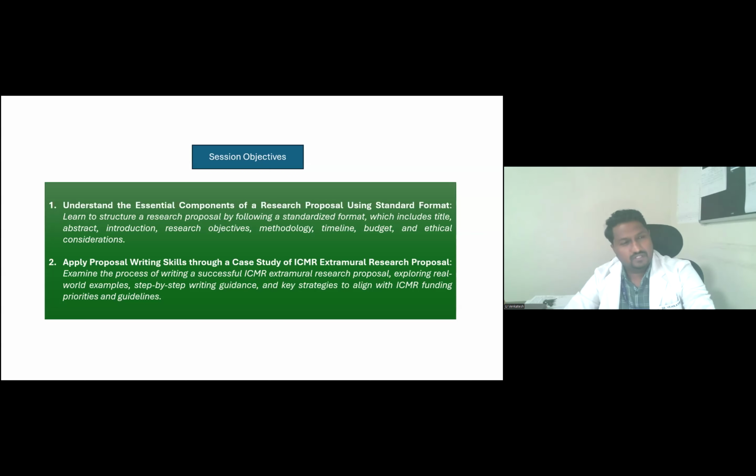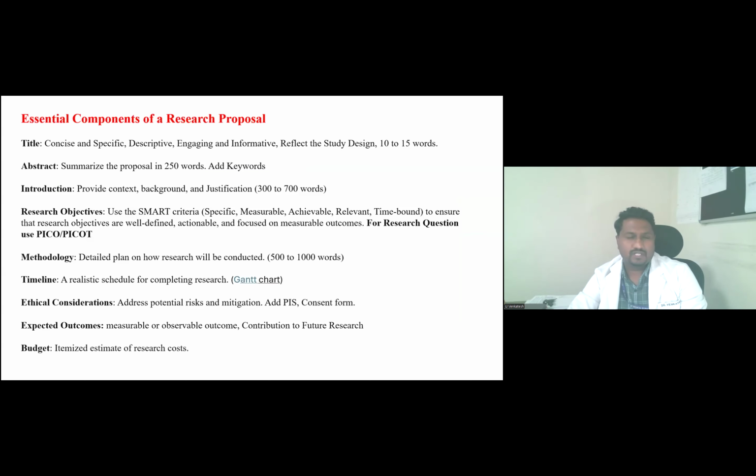Starting with the essential components of the research grant. Before these components, I want to tell you that having a good team is very important. Even if a new researcher wants to submit a proposal for a grant, if you have a good team where the co-investigators are experienced and have demonstrated expertise in this field, that will be helpful. So finding a good team is very important for any research proposal.